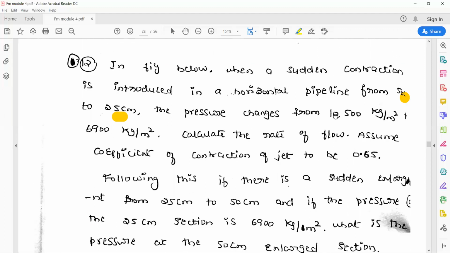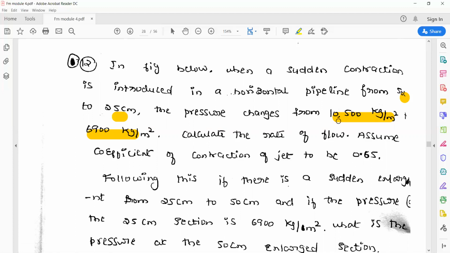The pressure changes from 10,500 kg per meter square to 6,900 kg per meter square. So the values of P1 and P2 are given. P1 is 10,500 kg per meter square and P2 is 6,900 kg per meter square.